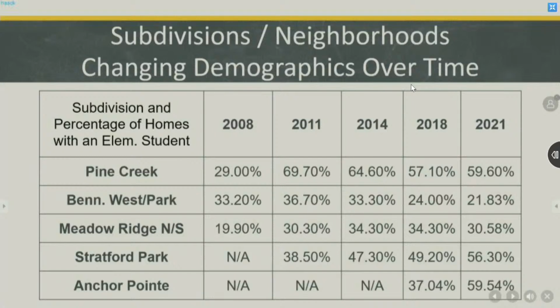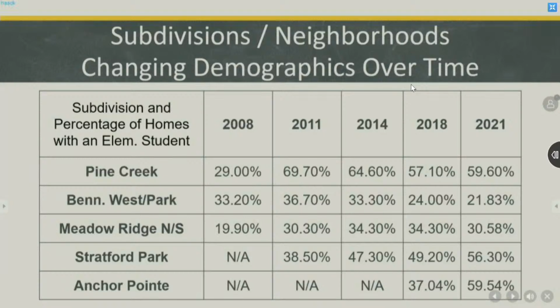So there were a few homes in 2008, and then as you can see in 2011, what that means is 69 out of 100 homes had an elementary student attending Bennington Public Schools. Or 69% of the homes had an elementary student living and attending Bennington Public Schools.